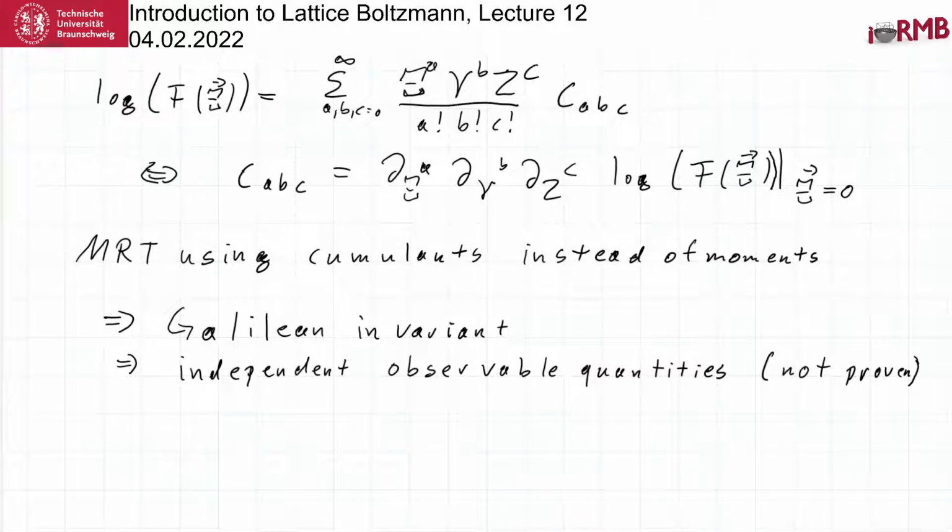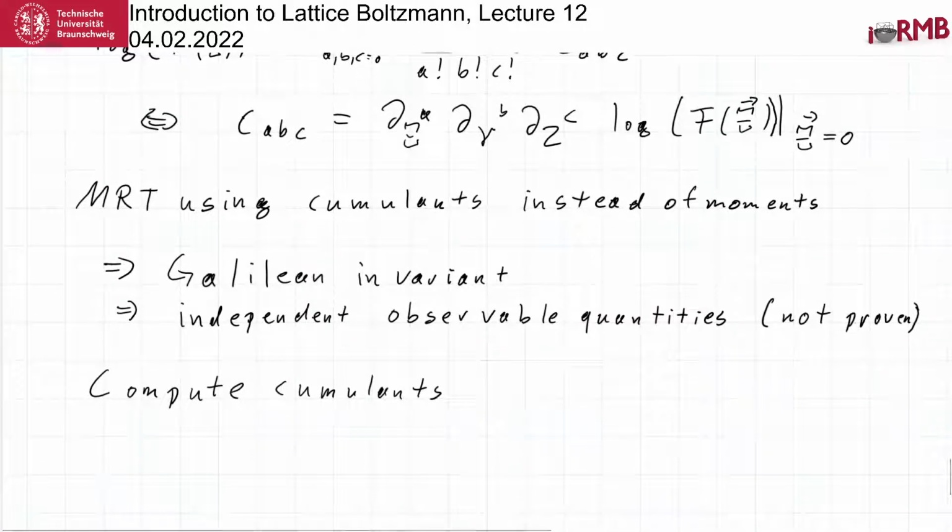Okay, so suppose we are happy with this conceptually, then we come to the problem, how do we actually compute cumulants? And this is the biggest problem. So the idea to use cumulants in Lattice Boltzmann is not particularly new. However, the big difficulty was to actually, how do we compute cumulants? Because this is not necessarily easy.